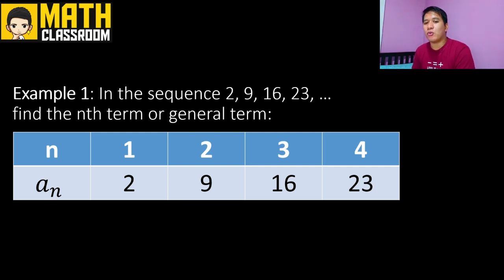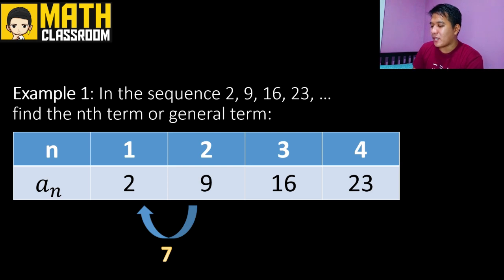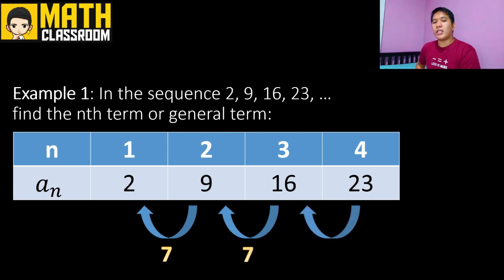So, paano ba kinukuha ang common difference? You subtract the value of the first term from the second term. So, we'll have here 9 minus 2, and that is 7. Do it on the other terms. So, you have 16 minus 9, which will give you 7, and 23 minus 16, which will give you 7.